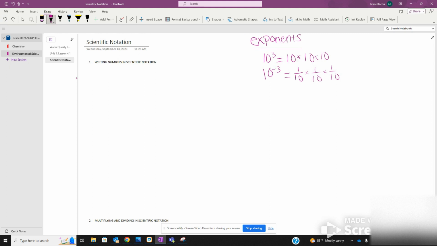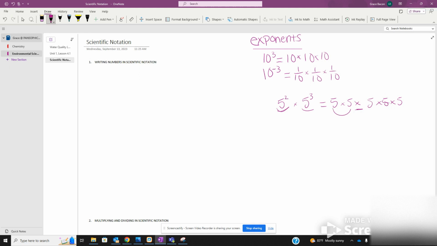I also want to talk a little bit about operations within exponents that you, again, hopefully have seen before. If I have multiplication of two exponents, for example, 5 to the second times 5 to the third, that's the same as saying, well, this is going to be 5 times 5, and this is going to be 5 times 5 times 5.